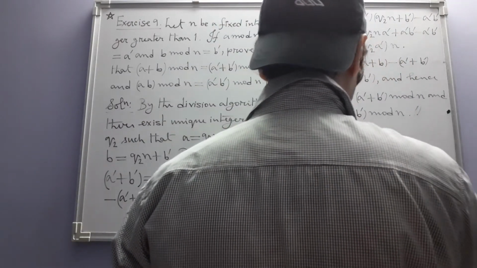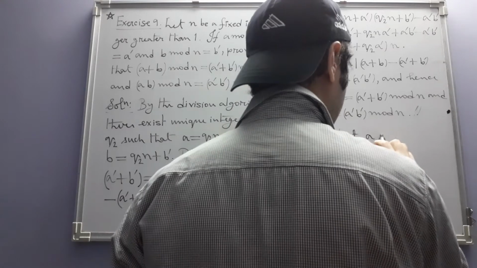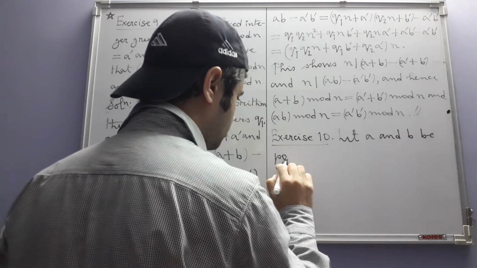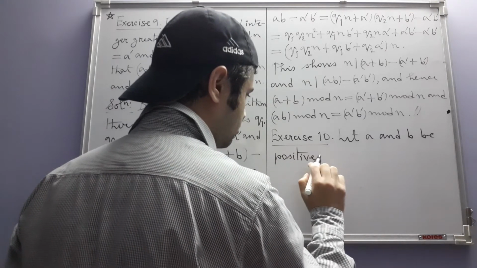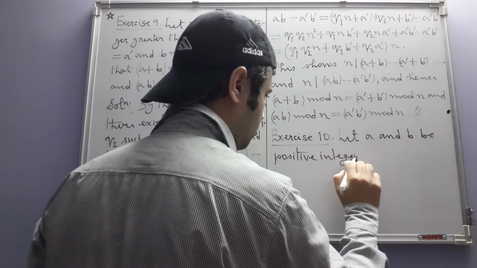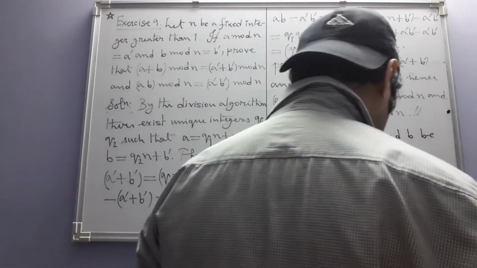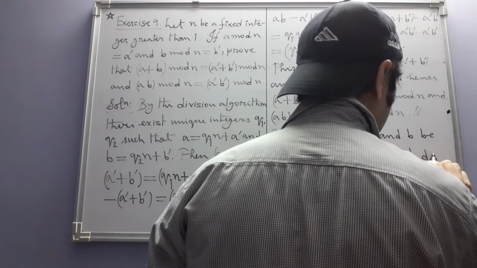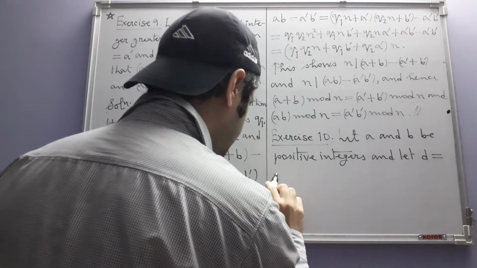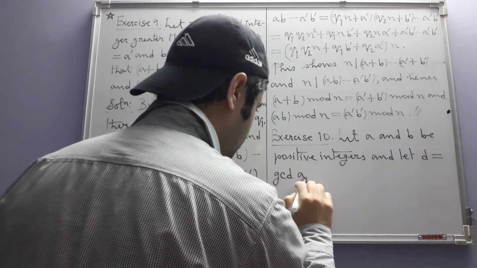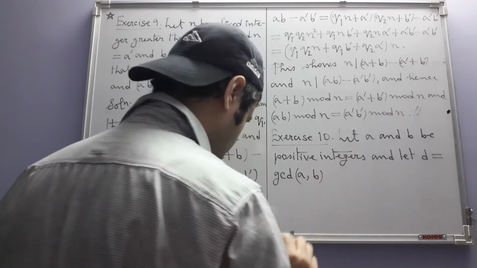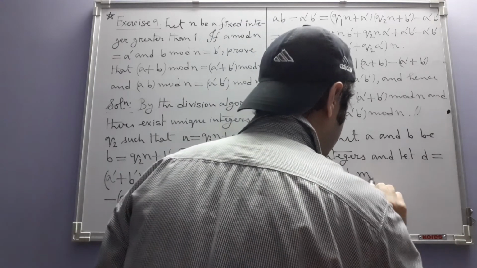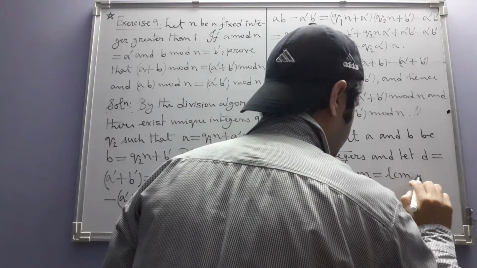Let a and b be positive integers, and let d be the GCD of a and b, and there is more, m be the LCM of a and b.